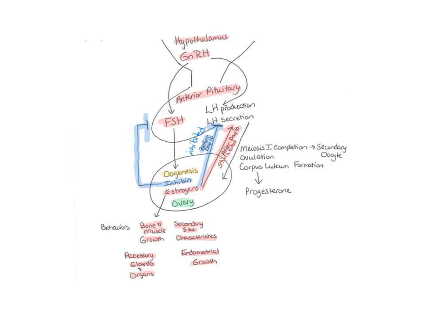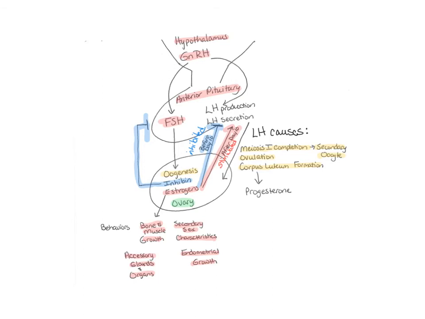As the production and secretion of luteinizing hormone increases, the completion of meiosis I will occur, leading to a secondary oocyte from the primary oocyte. At day 14, luteinizing hormone is secreted in massive amounts, and this leads to ovulation. Luteinizing hormone also causes the corpus luteum formation from the remaining follicle cells after ovulation.